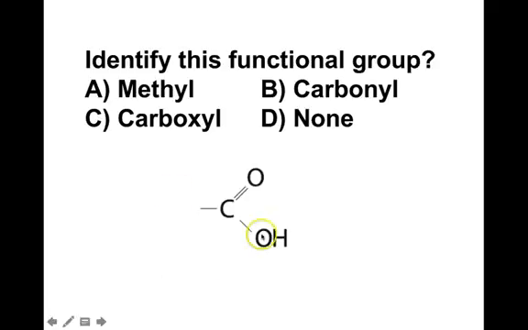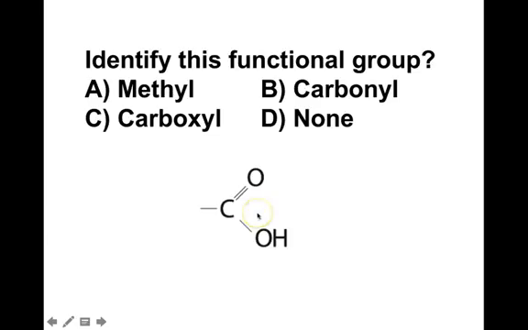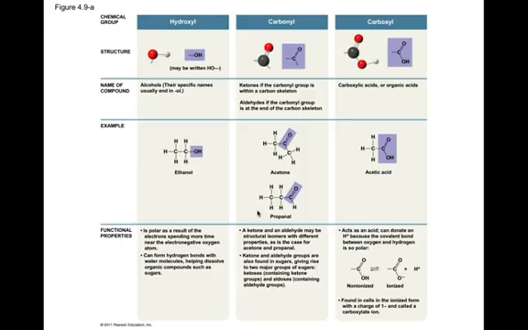They give you a structure and they give you a bunch of names. Is this methyl? Is this carboxyl? Is this carbonyl? Or is it something else, because there are 7 of them? So I'm just giving you a sample question so that you have an idea when I'm going over the next slides what you need to look for, what you need to learn from them. Okay, guys, let's move on.